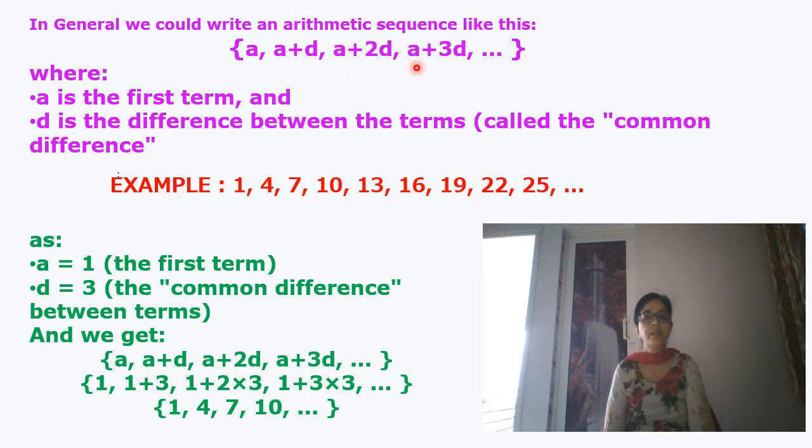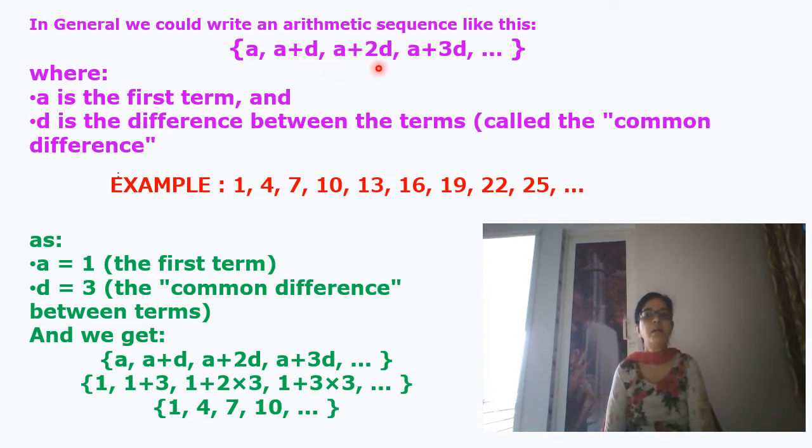Here you can see that A is the first term. Then A plus D means when we add the common difference D to the first term, we get the second term. Then further, on adding the common difference D to the second term, it means A plus D plus D, that is A plus 2D.